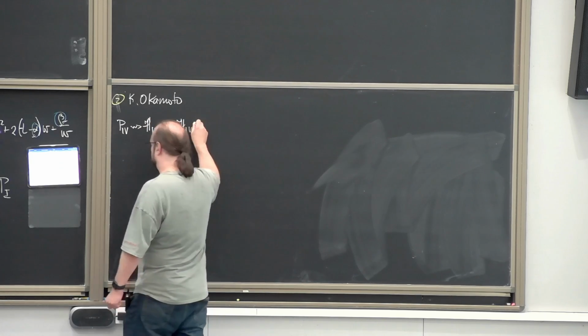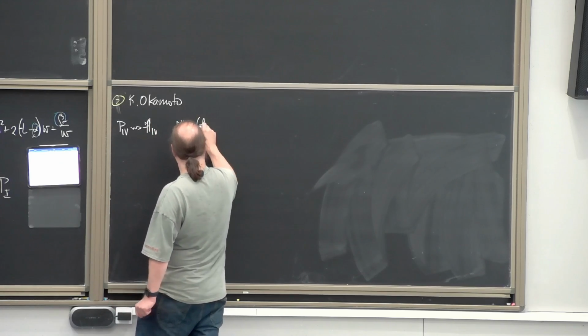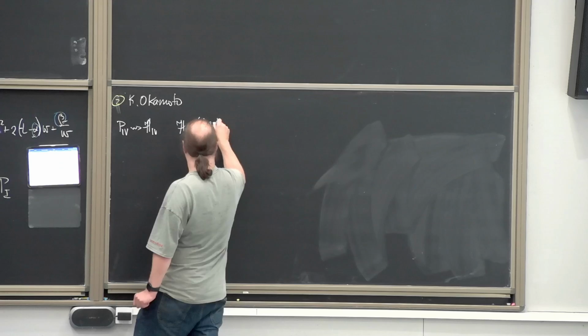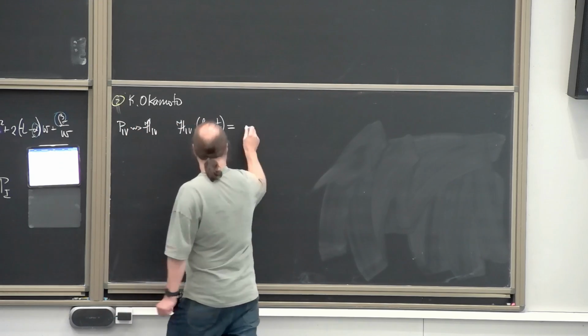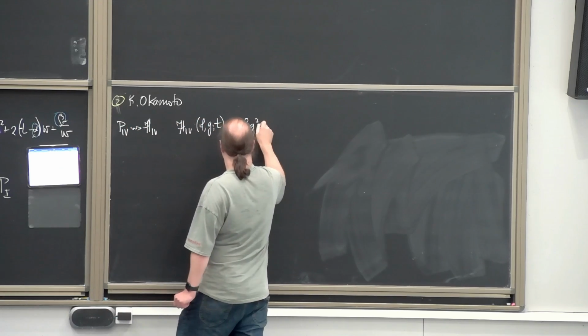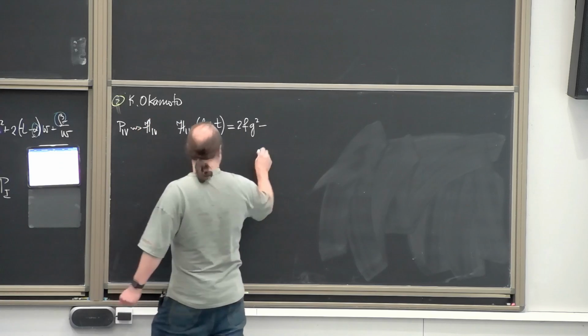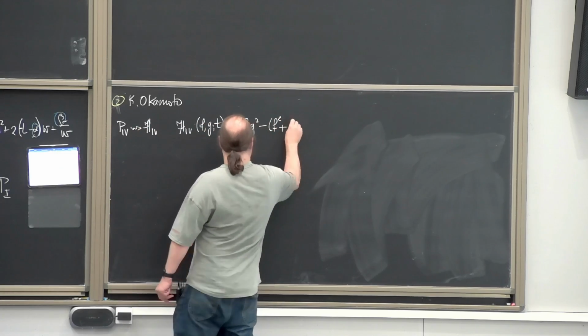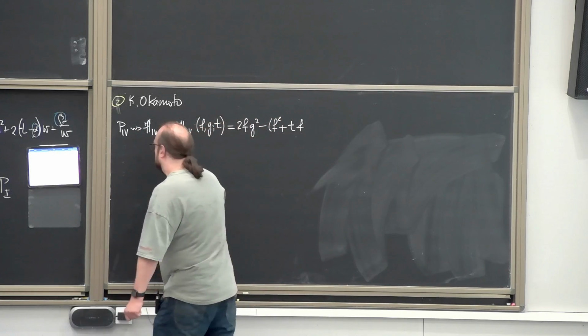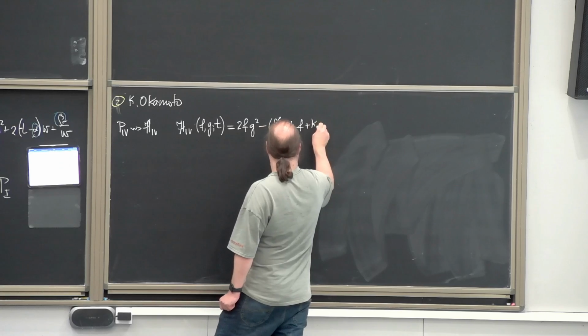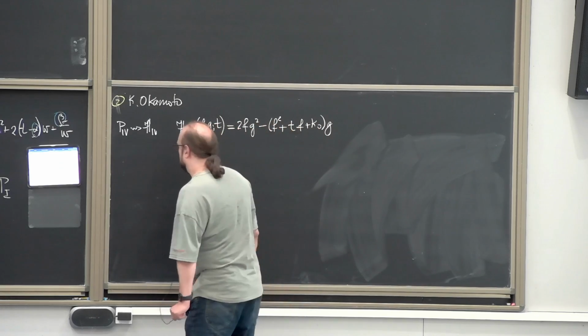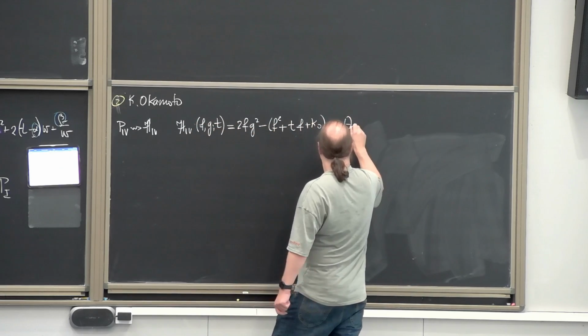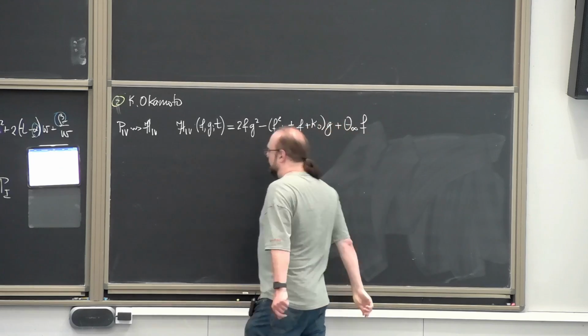Okamoto Hamiltonian for H4, and I will use here variables f, g, and t. That would be 2fg² minus f² plus tf plus kappa naught g plus theta infinity f. Okay?